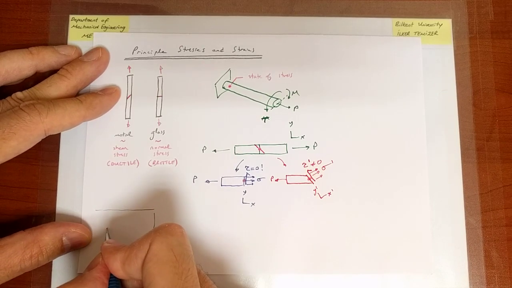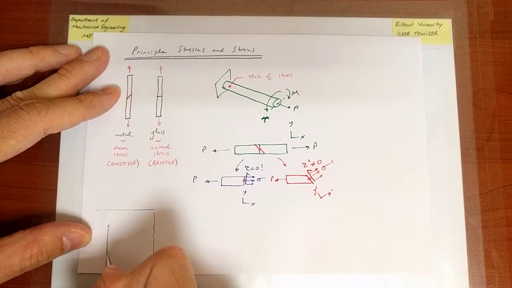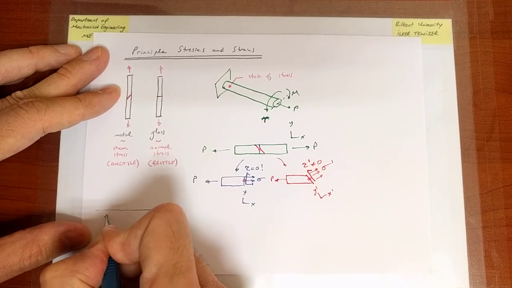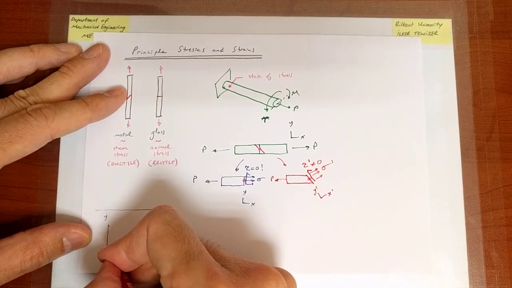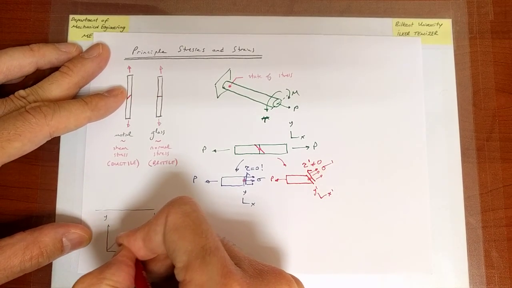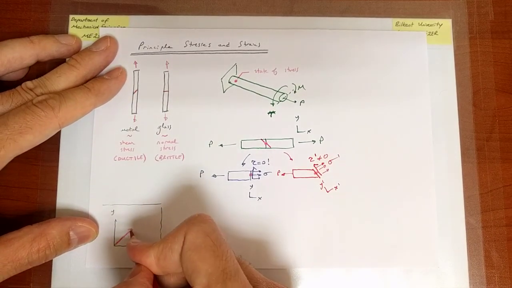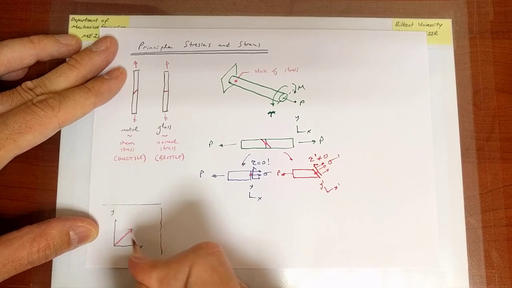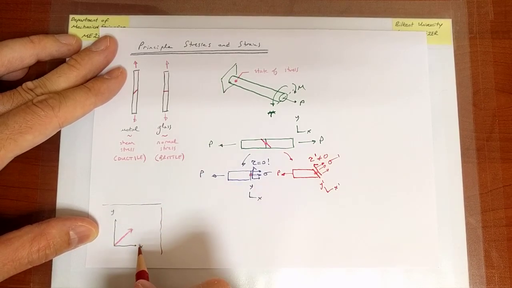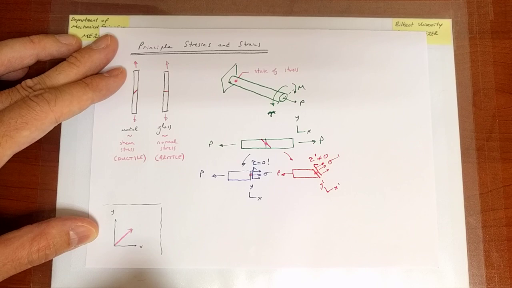Suppose you had a coordinate system, again, x and y, and you had a vector, and that's the vector. Okay. Now, this is a vector which has a well-defined magnitude and direction, and therefore, with respect to this coordinate system, it will have certain components. It will have an x component, it will have a y component.